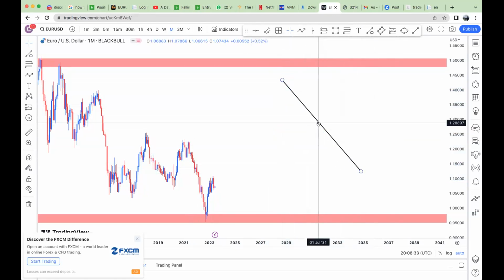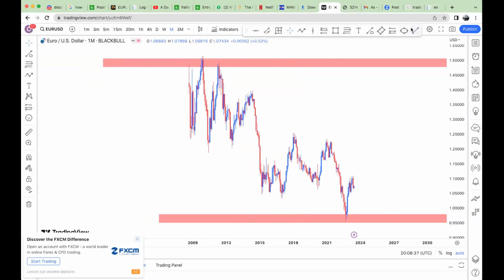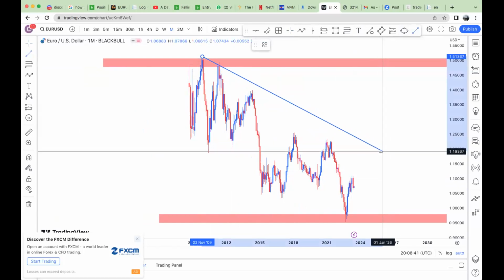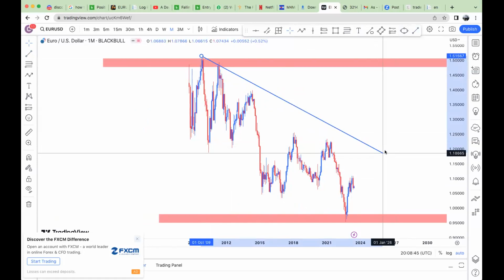So the next thing I want to do on the monthly time frame is draw a trend line to know what this market has been doing. I draw a trend line from this level to this level.